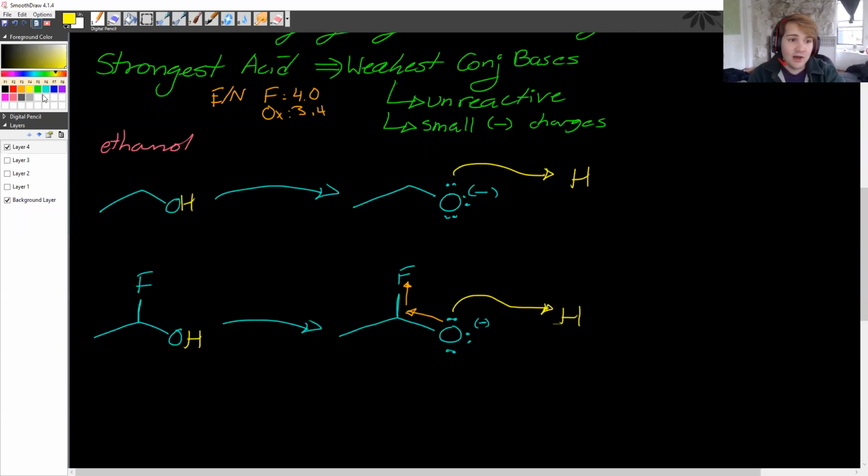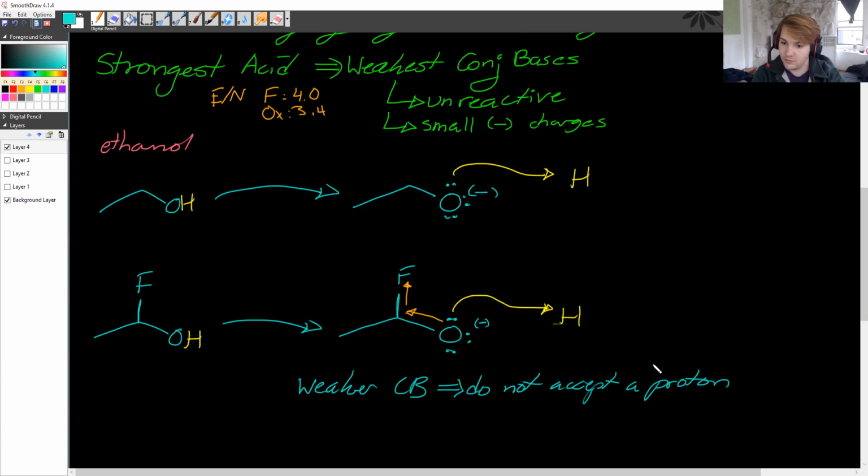And so this is a weaker conjugate base, and weaker conjugate bases do not accept back a proton. Which means that they stay as the conjugate base and that they do not go back to being an acid.